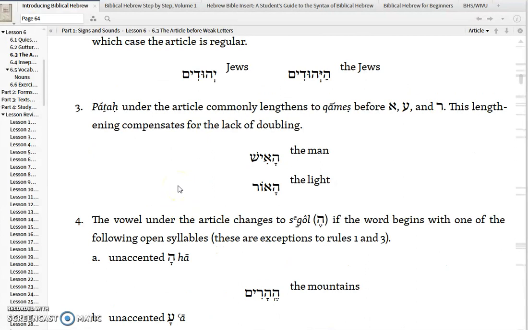A patah under the article is usually lengthened before resh, ayin, and aleph. So here you have the word for man, ish. Add the article hey. Well, what happens? You try to double the word for man, ish, but you can't double the aleph.